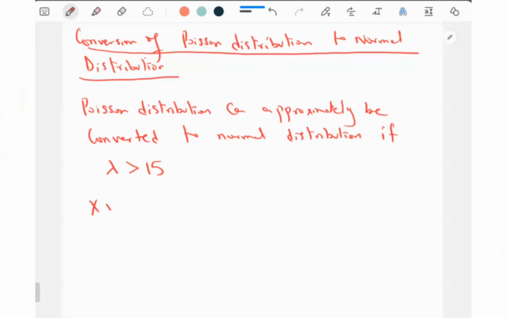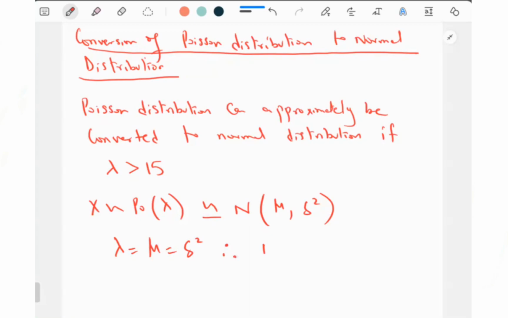And in this case, if X is a Poisson distribution 15 or greater than 15, it will approximately be converted to normal distribution mu comma variance. And I hope आप सबको याद है कि Poisson distribution में lambda is equal to mu is equal to variance होता था. Therefore, normal distribution will be lambda comma lambda. Are you all with me?